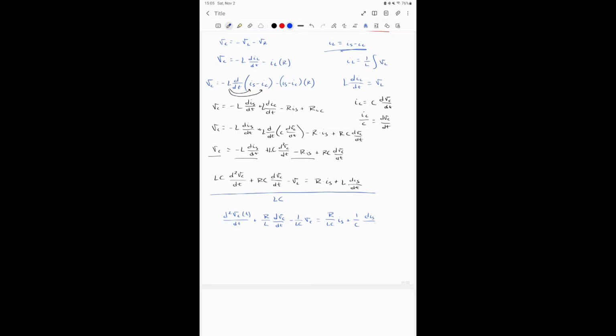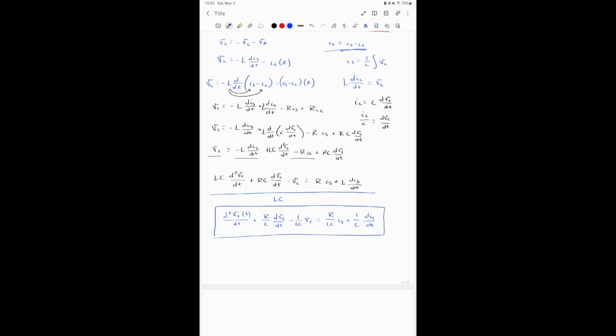Really badly written. Okay, and that should be our final differential equation. So this is the solution to our general differential equation that we are looking for.